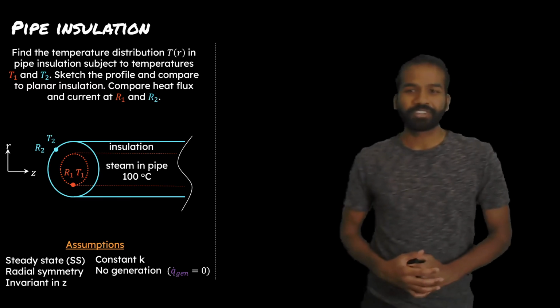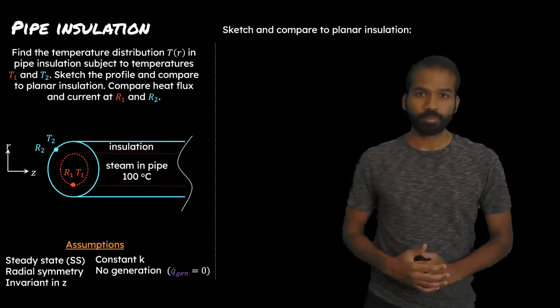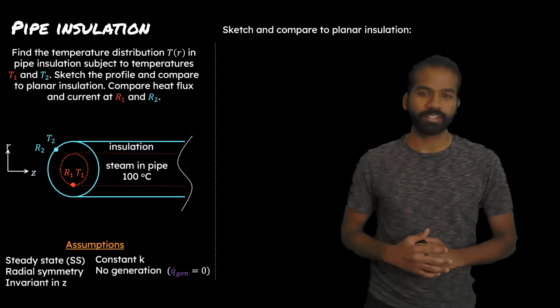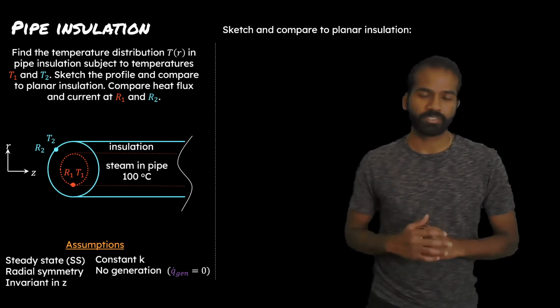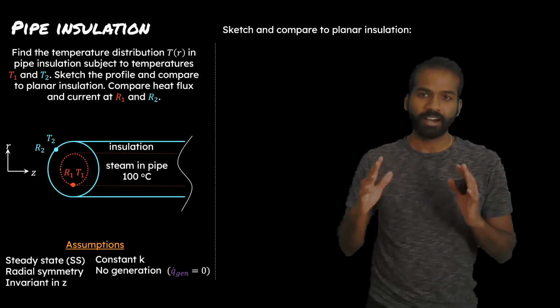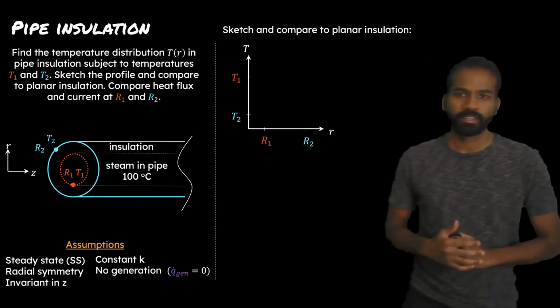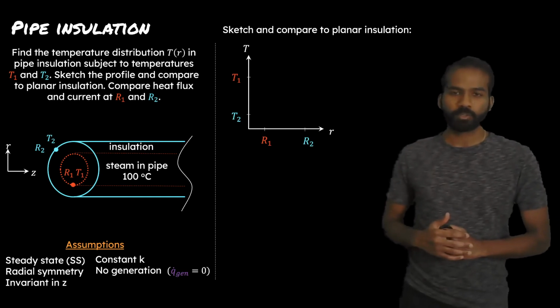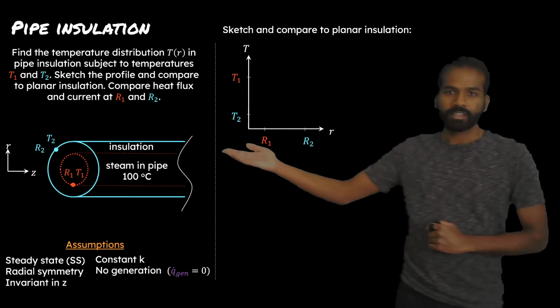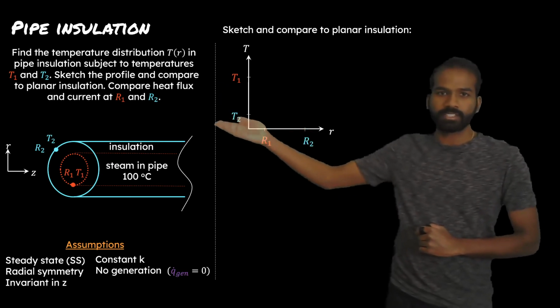The best way to visualize this temperature profile is to plot it. So let's sketch this profile and also compare it to the case of planar insulation, where if we had a temperature T1 on one side and T2 on the other side of a planar slab, what that profile would look like. So we start out with our axes on which we've marked r₁ and r₂, as well as the temperatures T1 and T2.